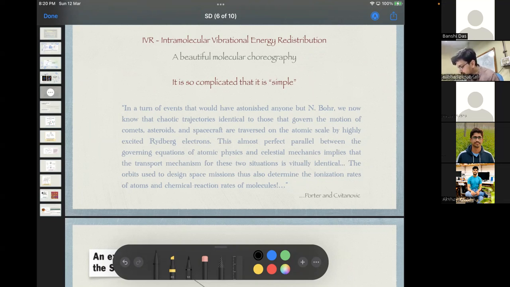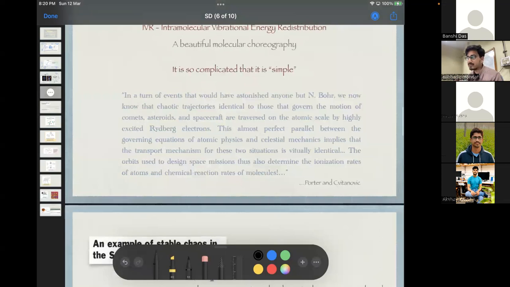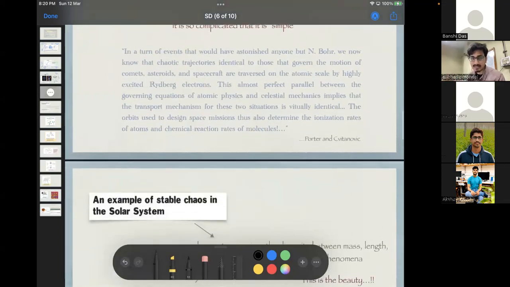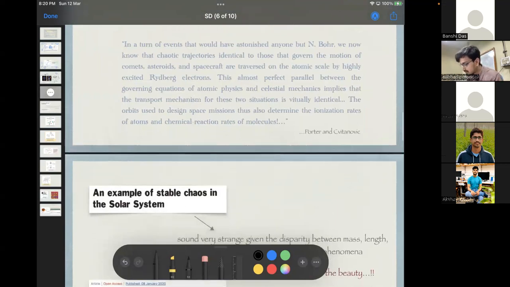The orbits used to design space missions also determine the ionization rates of atoms and chemical reaction rates of molecules. This is the absolute beauty, the perfect similarity between celestial mechanics and the molecular mechanics in real molecules.